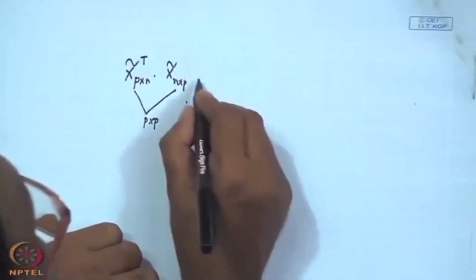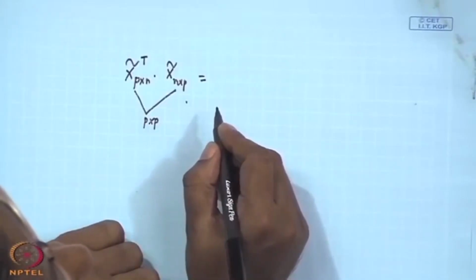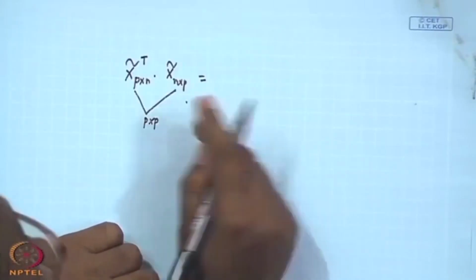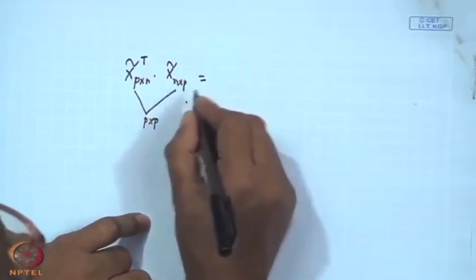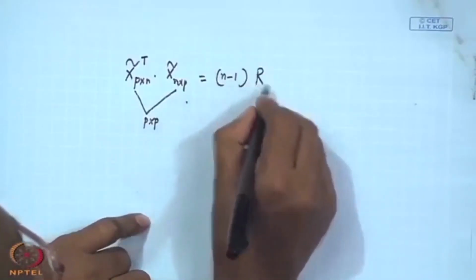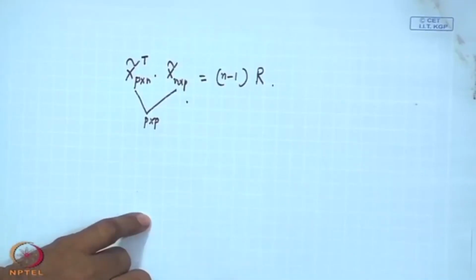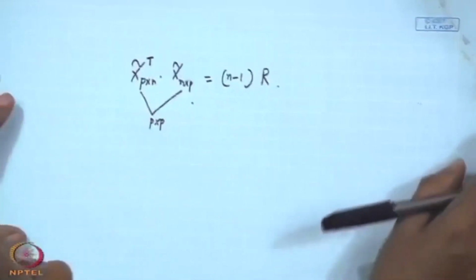Then what will happen? No, this will not be an identity matrix. This is not identity. You will get this one as n minus 1 into r, n minus 1 into r. Okay. If you want to check it, you can check it very simply.